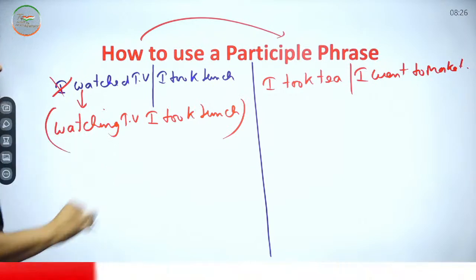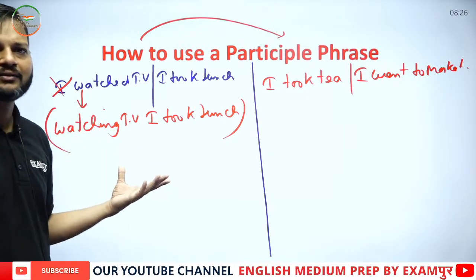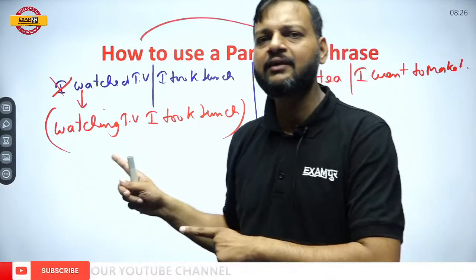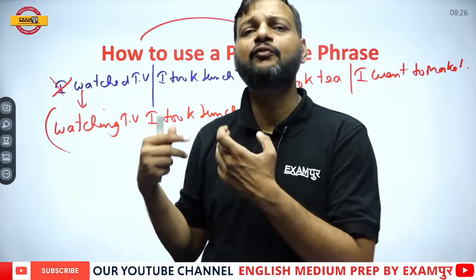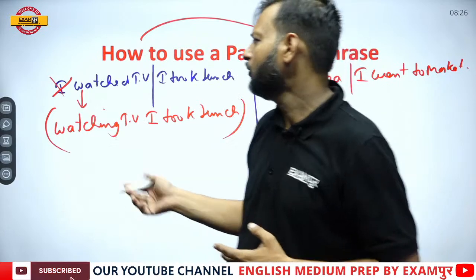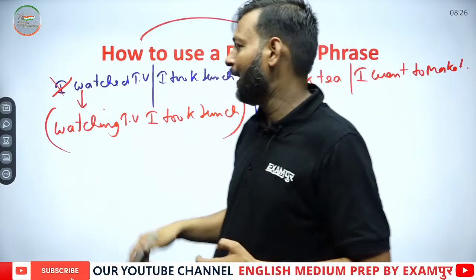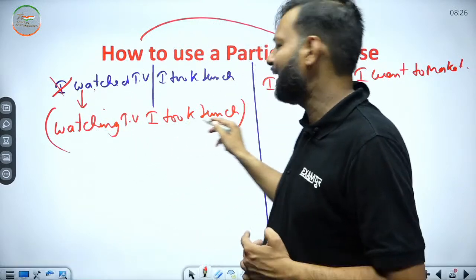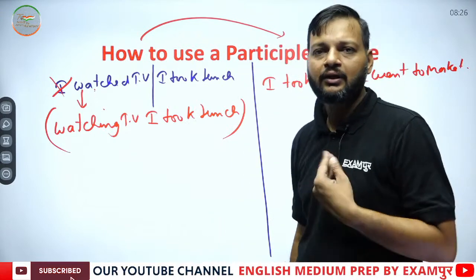This is how you use a participle to join two sentences. We removed the subject of the first sentence, and a helping verb is not there; if it were there, we would have removed it also. So watching television, I took lunch.